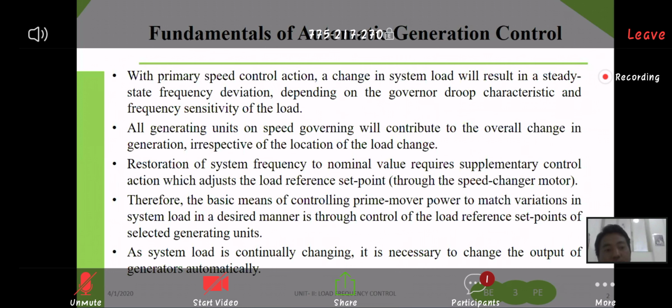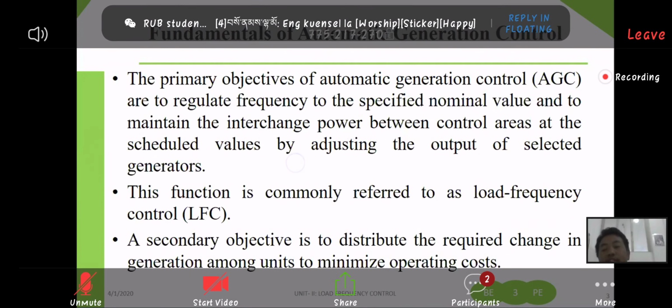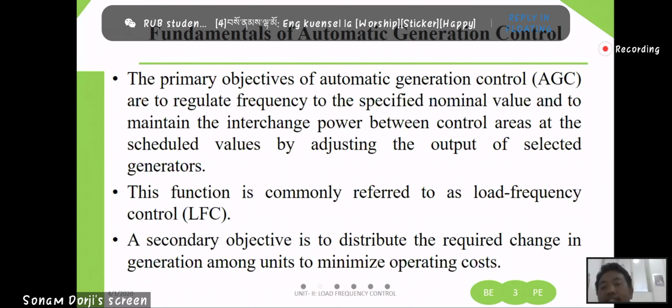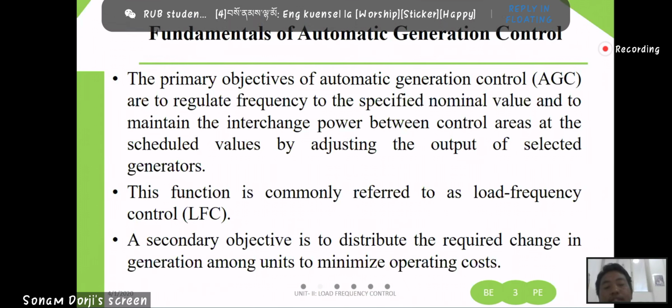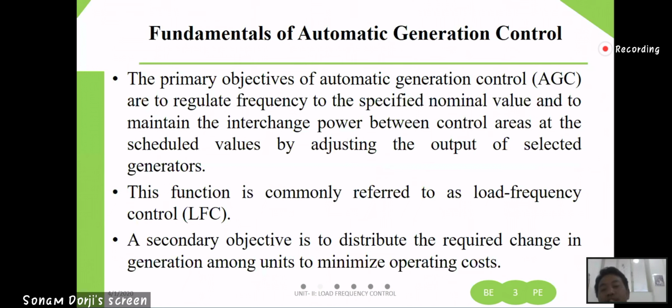But the very important thing is this: there are two objectives of AGC. First, the main or primary objective of this AGC is to regulate the frequency to the specified nominal value. For example, our specified nominal value may be 50 hertz in Asian countries, and in some other countries it is 60 hertz.